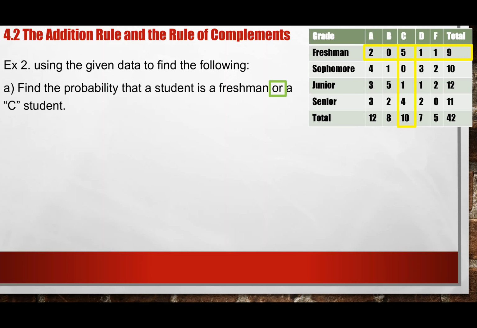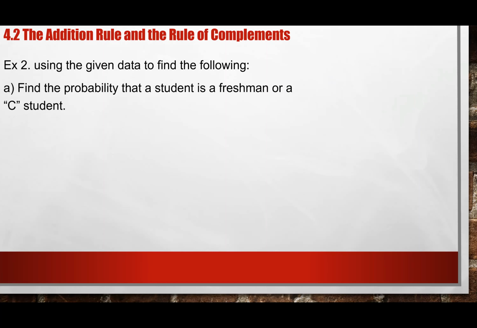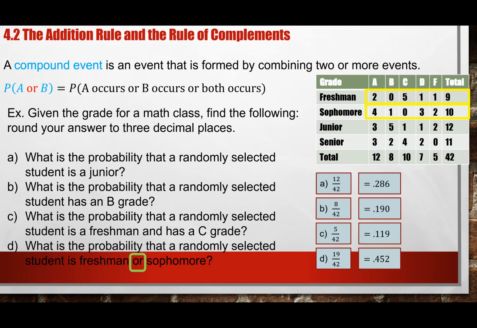What is the difference between this problem and the previous problem? In the previous problem, the freshman and the sophomore do not intersect. You either have a freshman by themselves or a sophomore by themselves. The two categories do not cross each other.